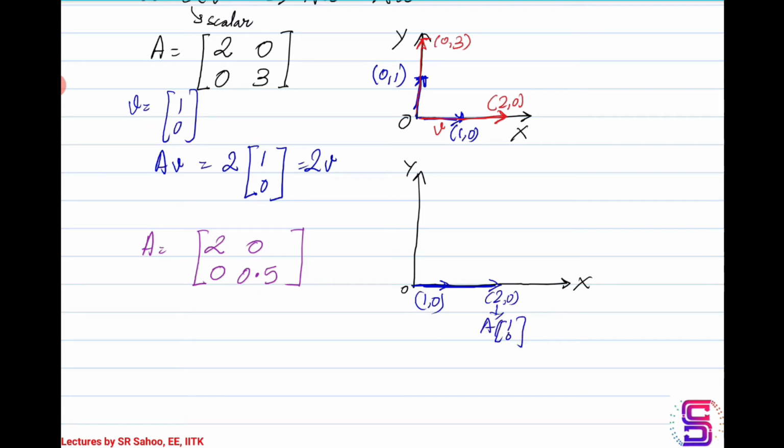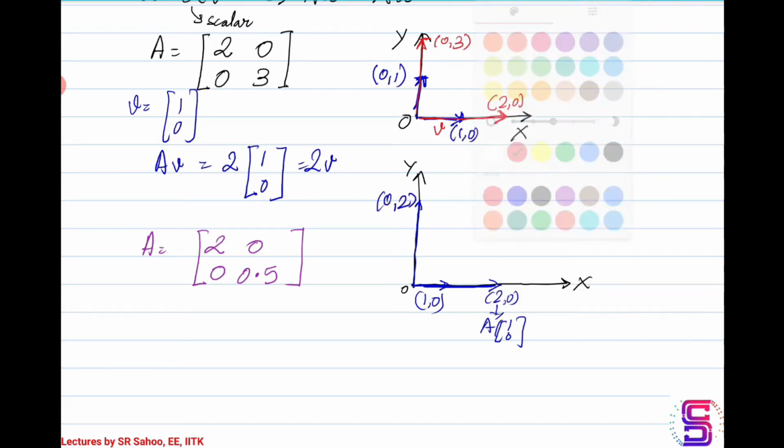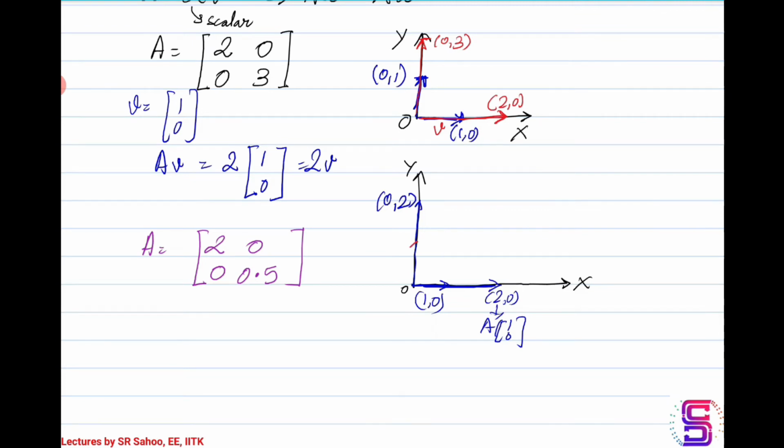Similarly, if you have a vector of the size 0 2, when A acts on it, you get a vector which is 0.5 times the vector 0 2, which in this case is 0 1. So this 0 1 is nothing but A acting on 0 2.